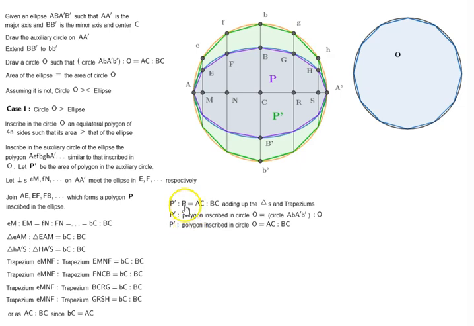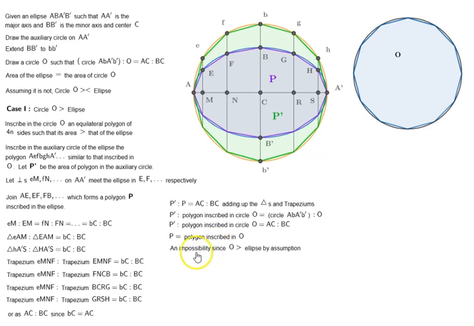And since both P and the polygon inscribed in circle O have the same ratio with P prime, that means P is equal to the polygon inscribed in O, which is an impossibility since O is supposed to be greater than the ellipse.